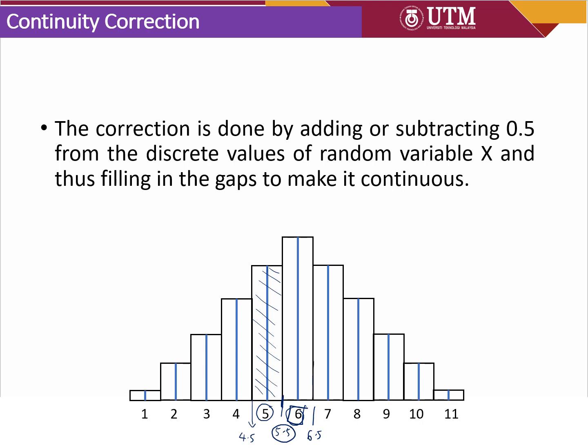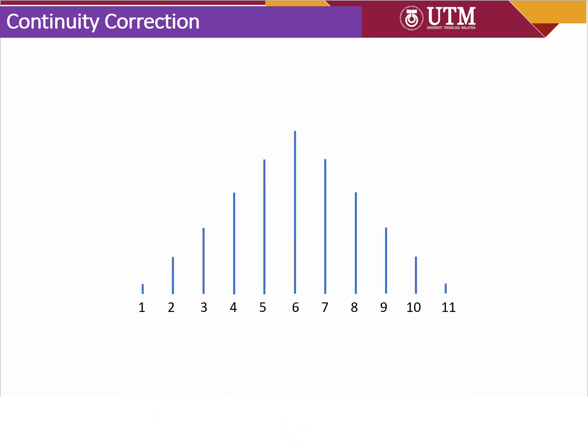So now this data is no longer discrete, it is already continuous, because the lower and upper boundaries relate to each other. This is where the continuity correction is needed.